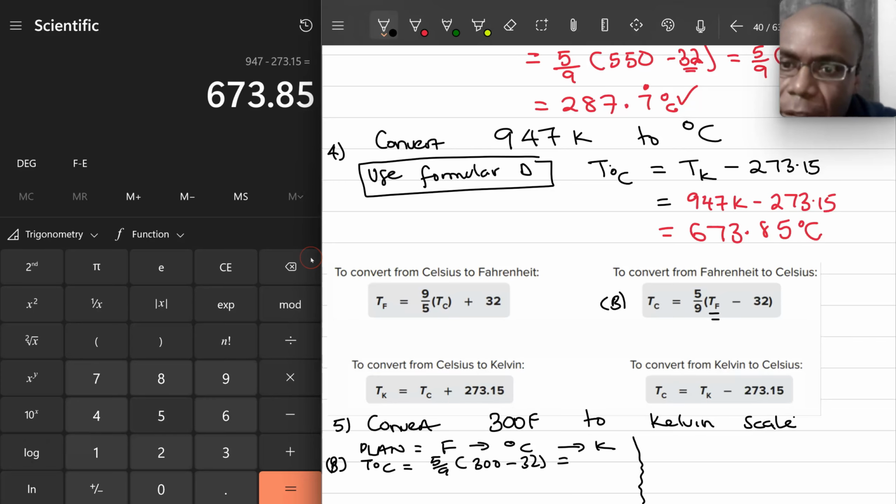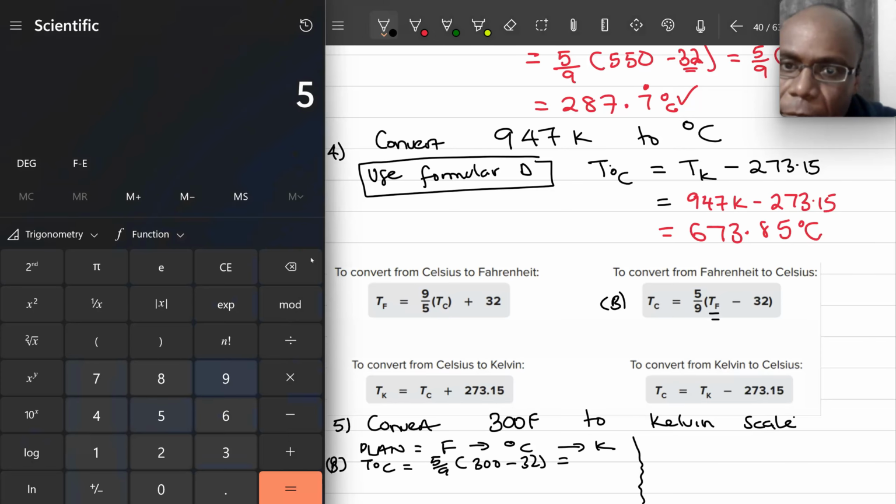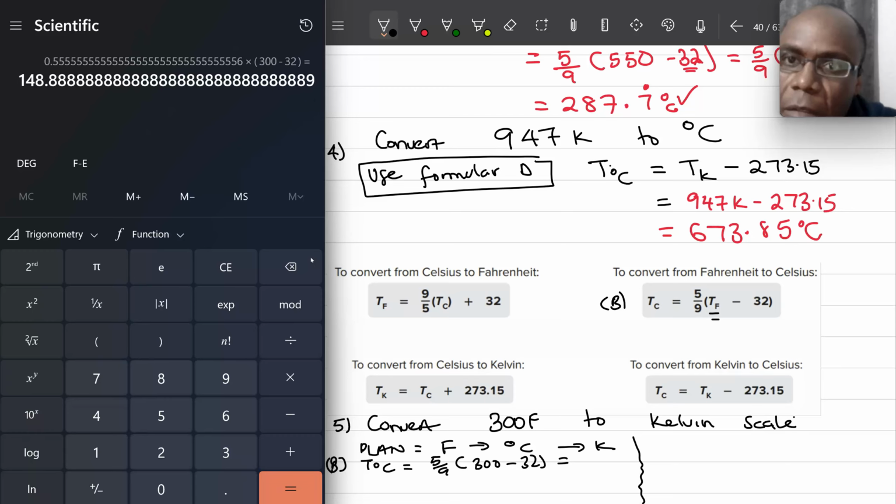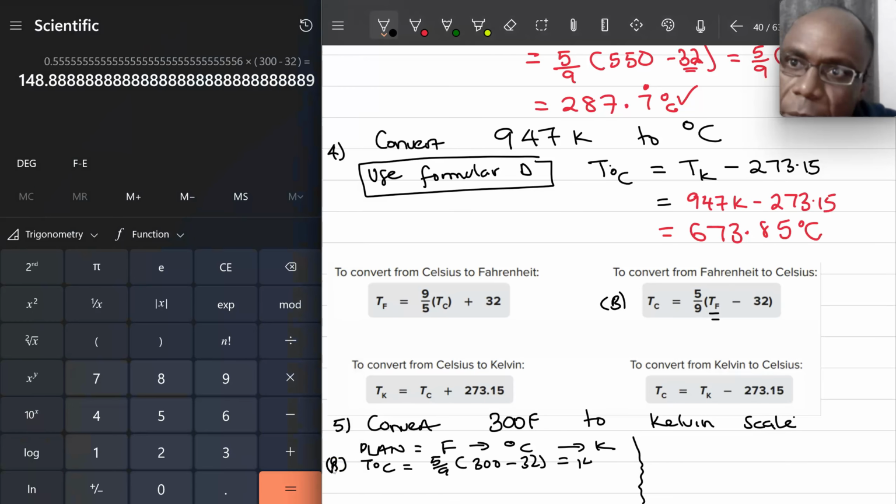If I do the math, 5 divided by 9, multiplied by 300 minus 32, it gives me 148.88 recurring. And that is in degrees Celsius.